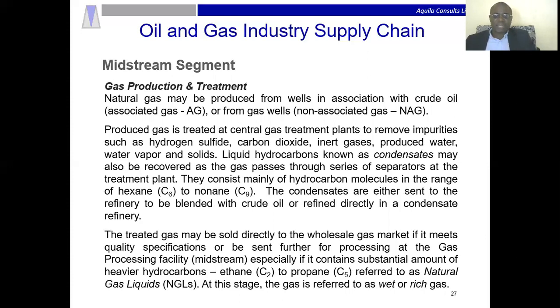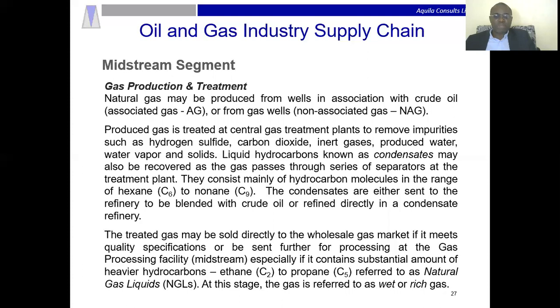Now, the treated gas obtained after removal of the condensate can be sold to the wholesale gas market if its quality is sufficient, or you take it to a further gas processing facility, especially if you still have some other hydrocarbons, that's methane, ethane, propane, and probably butane.